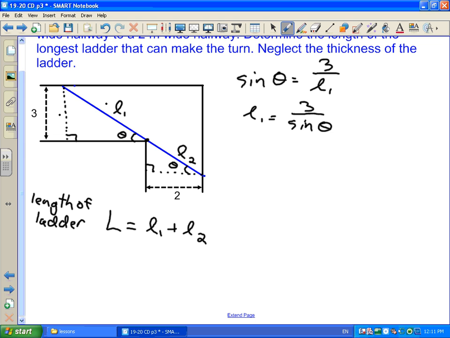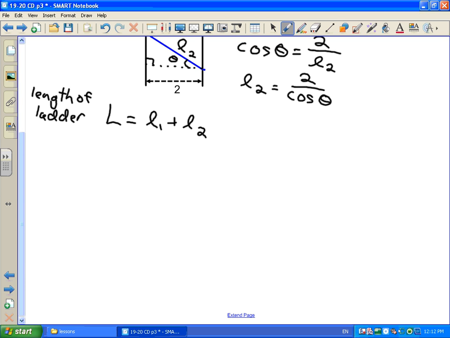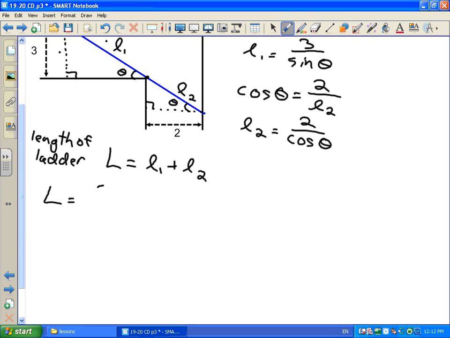Looking at the bottom triangle, I've got to work with the adjacent side. So cos theta is adjacent, which is 2, over hypotenuse, which is L2. So L2 is going to be 2 over cos theta. So I can sub those two expressions into my formula for the length. Length is going to be 3 over sine theta, plus 2 over cos theta.